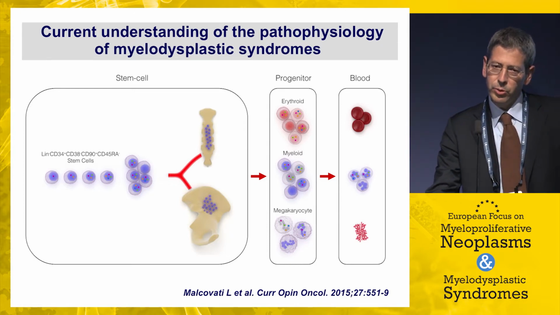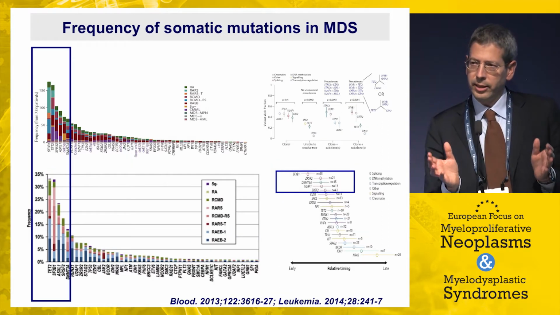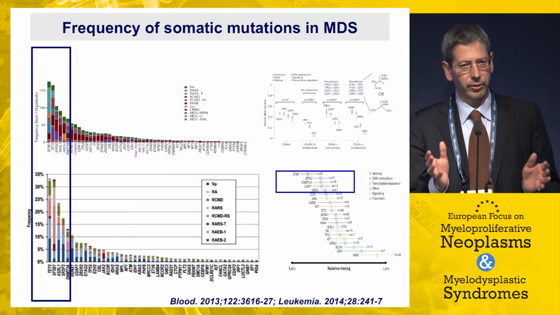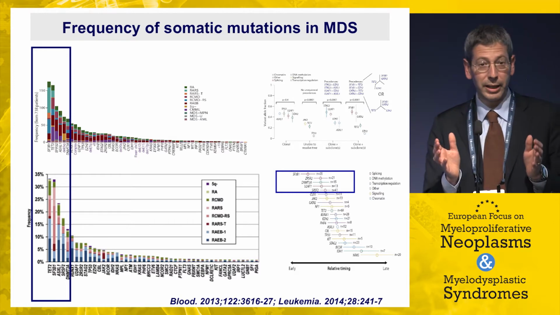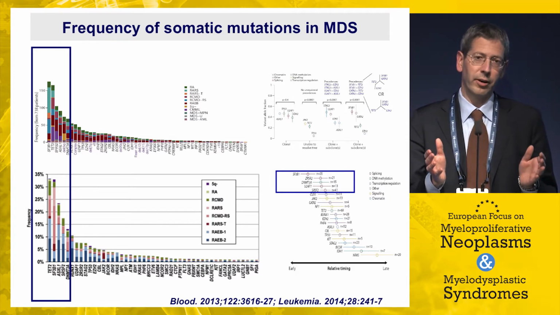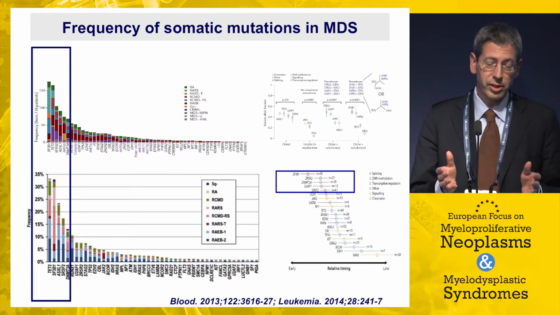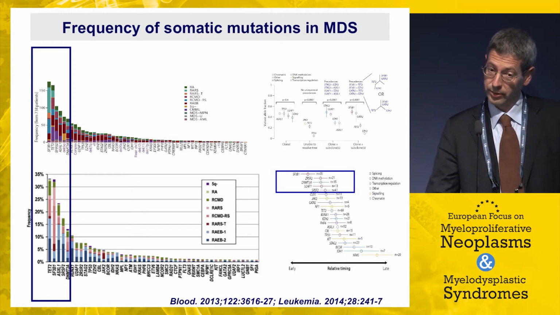And in the last few years, the genetic lesions involved in this process have been largely clarified. Besides the well-known chromosomal abnormalities, mainly deletions identified by conventional cytogenetics, somatic mutations in more than 40 genes have been identified.